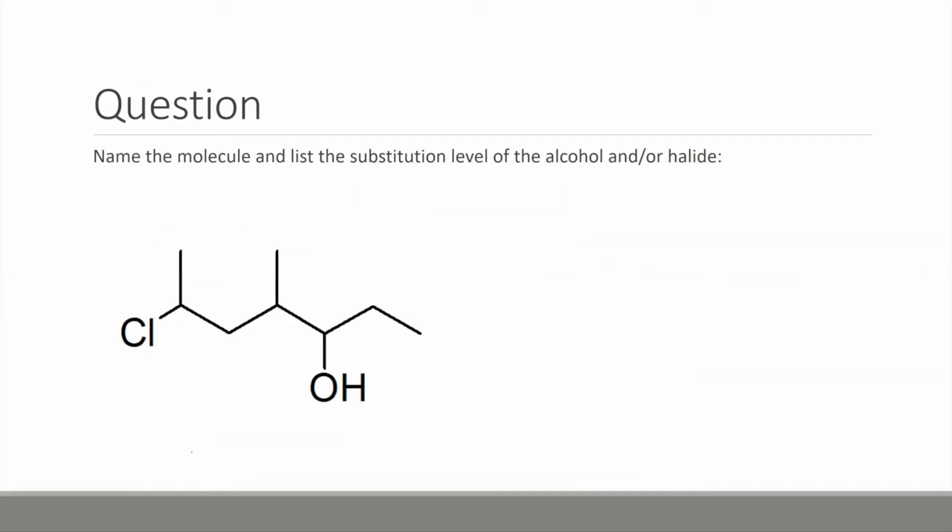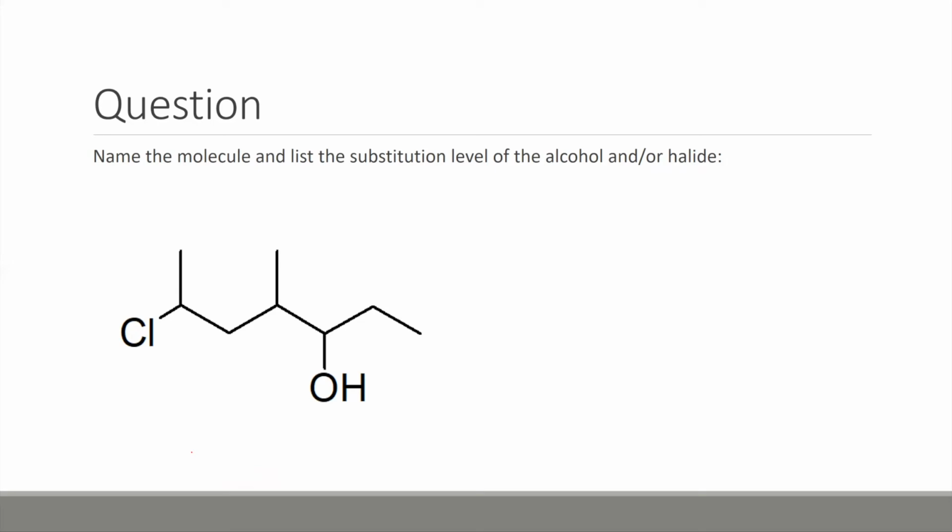Okay, so let's do some practice. Let's practice naming and then determining substitution level. So here I want to name the molecule that is listed and write the substitution level for any of the alcohols or halides that we have. So first, let's figure out the longest chain that has all of the alkyl halides or alcohols directly attached to it.